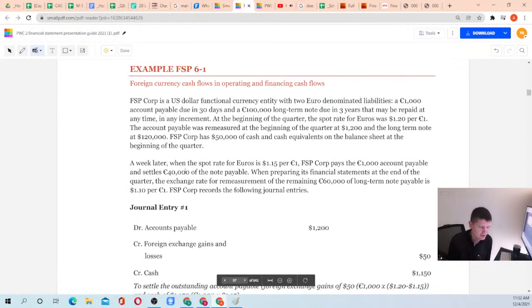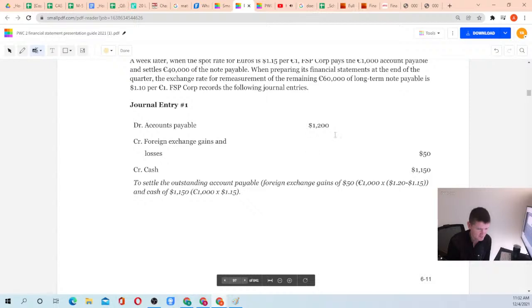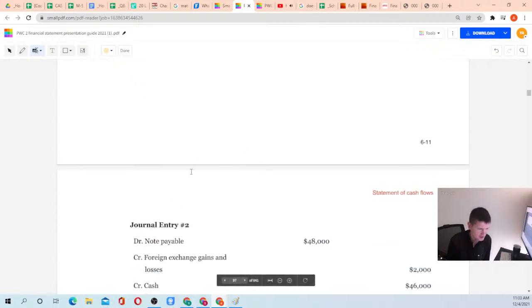Here we have a good example. As I reminded you, foreign exchange differences can be a big pitfall for you. And if you deal with foreign exchange transactions or valuations in your work, and you have to prepare a statement of cash flows, you have to read that example very accurately. As you can see, they drill it down to each accounting entry.